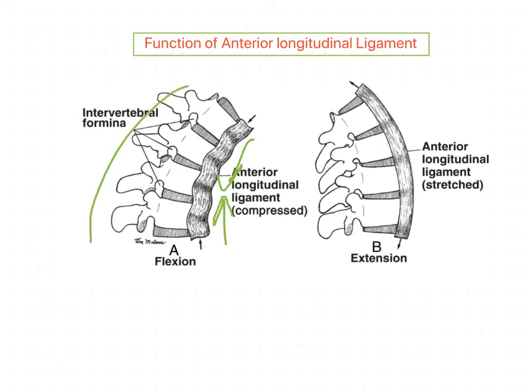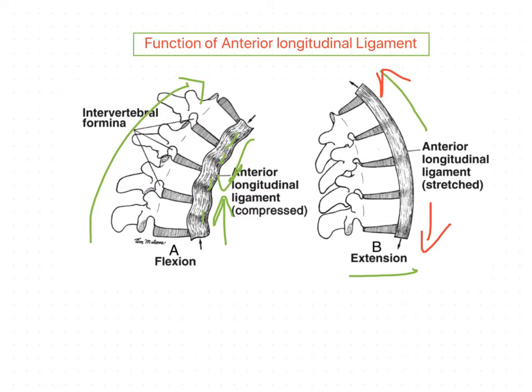Here the spine undergoes flexion, so what happens on the anterior aspect? The fibers compress during flexion. If you see extension, what happens? The anterior longitudinal ligament is going to stretch.